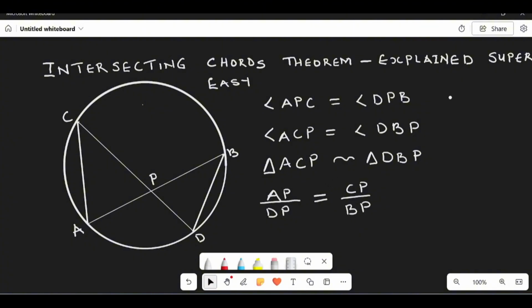Cross multiplying gives AP multiplied by BP equals CP multiplied by DP.